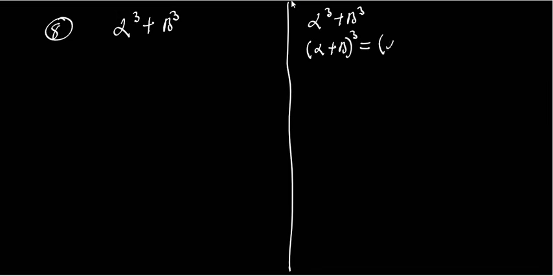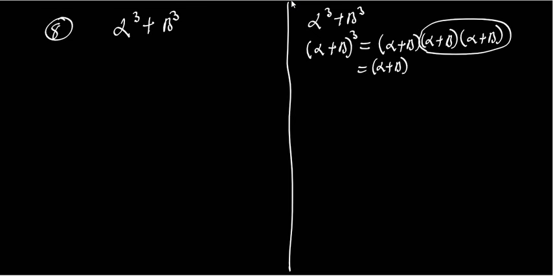This is just the same as alpha plus beta and alpha plus beta. Let me multiply these. Alpha times alpha is alpha squared. Alpha times beta is alpha beta. Then beta times alpha is alpha beta. Beta times beta is beta squared, like that.